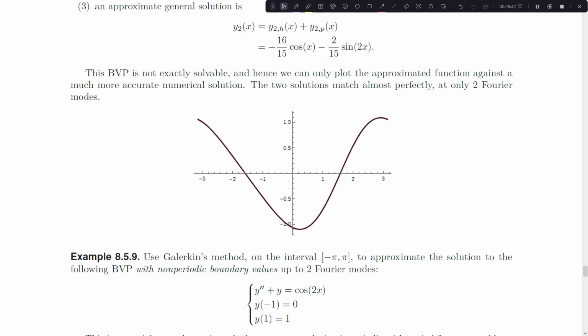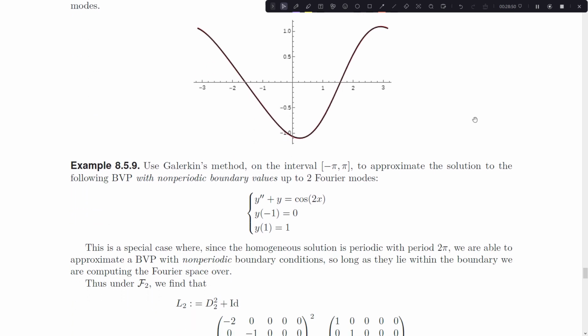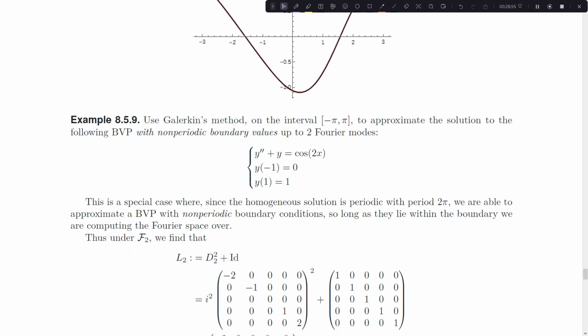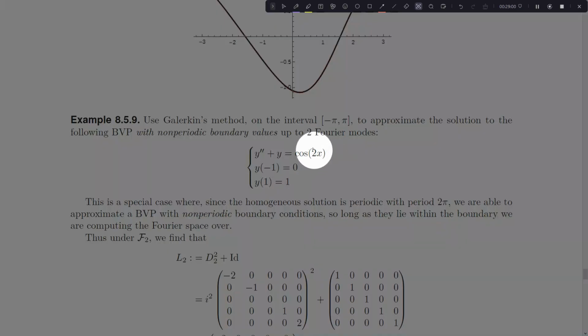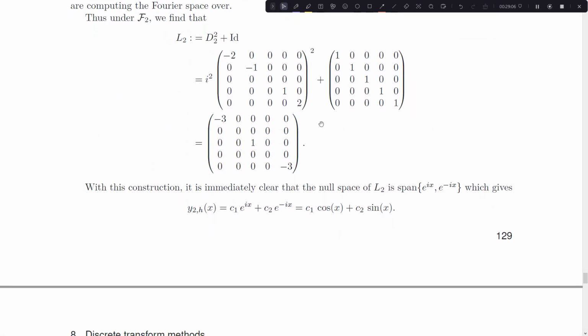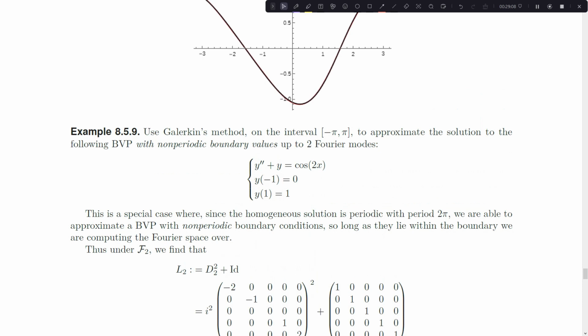And then let's cover one other example. Here I have something which I represent up to 2 Fourier modes as well. And so cosine of 2x we want to interpret as a Fourier series function. If I write cosine of 2x on minus pi to pi, this is e to the 2ix plus e to the negative 2ix, all over 2.